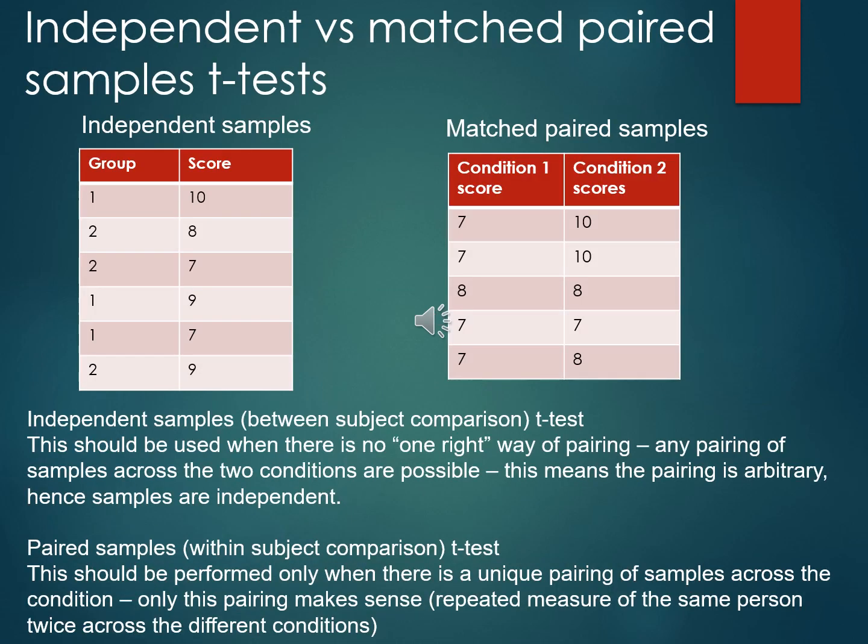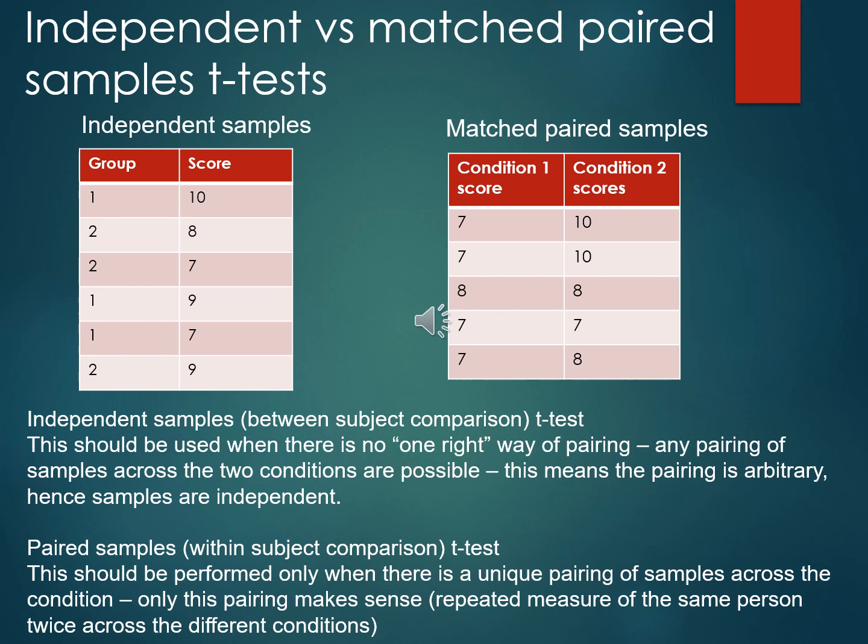Extending the discussion from the previous slide, one way to decide the data structure is by looking at the structure of the database. I have here two different kinds of database structure. The first one, on the left side, is when your study is based on an independent groups comparison.